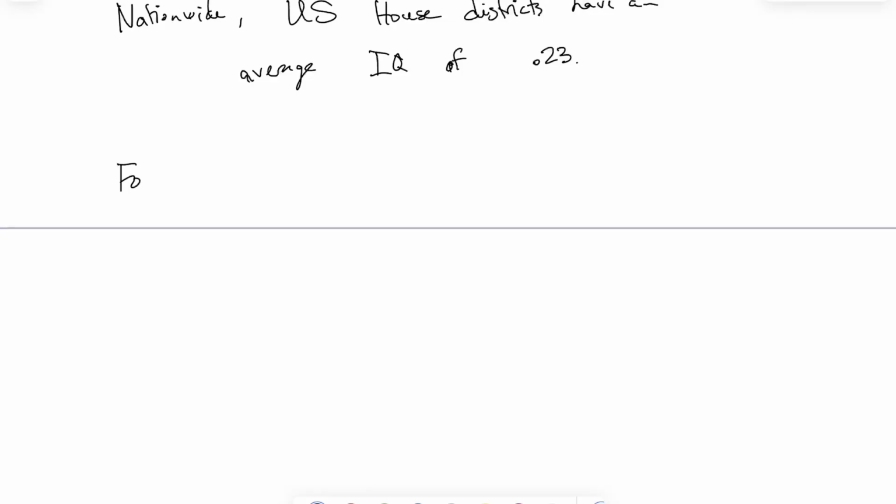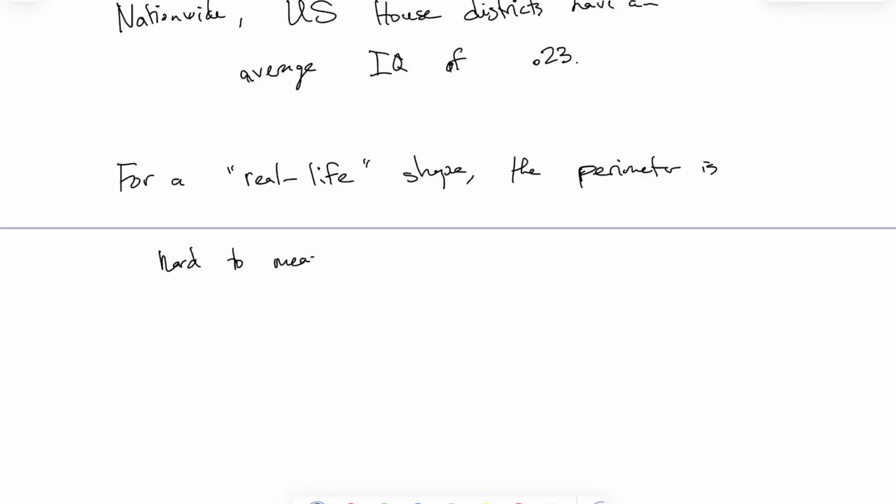For a real life shape, the perimeter is hard to measure. We can measure the area like we did last time by counting the dots, but the perimeter, the distance around the edge, you can't measure by laying dots on top.